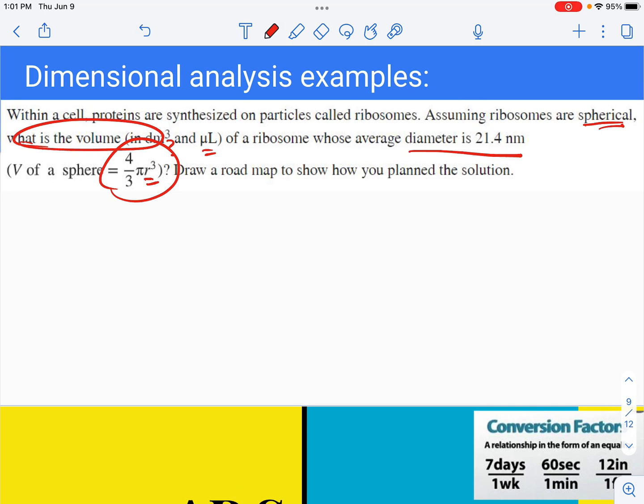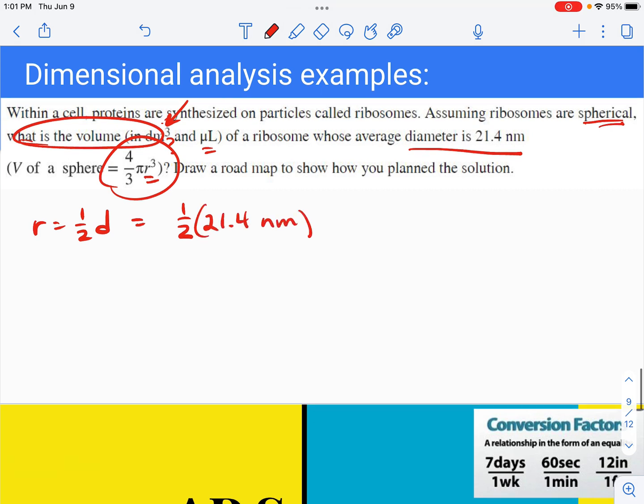So I would actually probably also like to have that radius in decimeters so that I can find the volume in decimeters cubed. Okay, so I'm going to say that the radius equals 1/2 of the diameter, so that's 1/2 of 21.4 nanometers. And then I can either solve that right there, or I can just keep converting nanometers to meters and meters to decimeters.